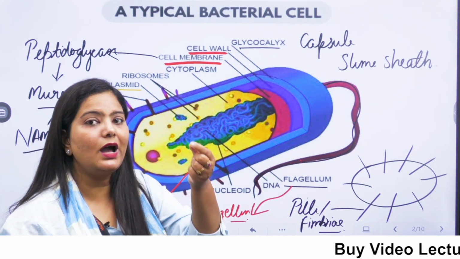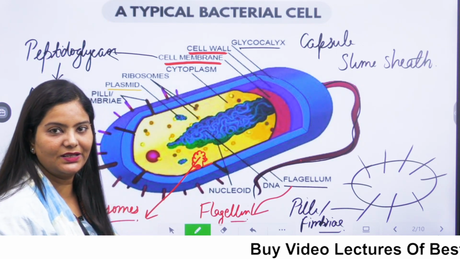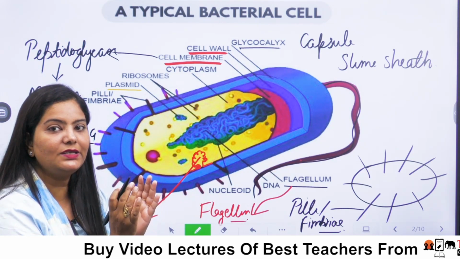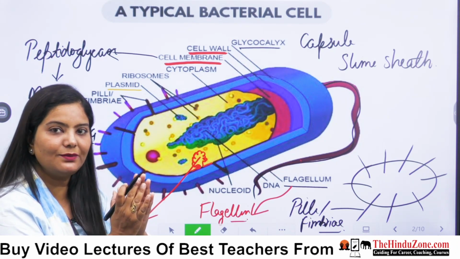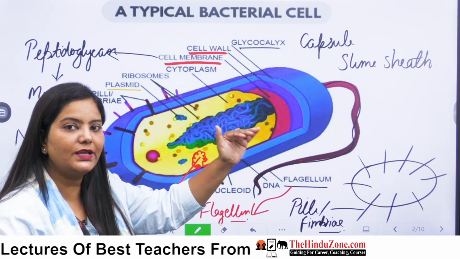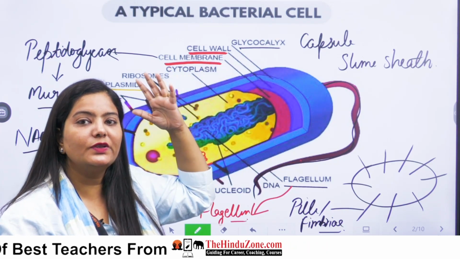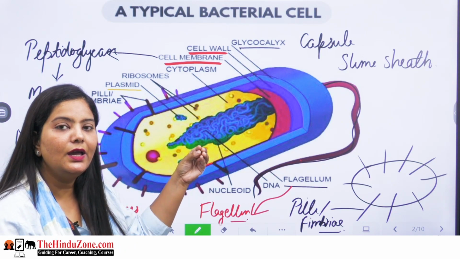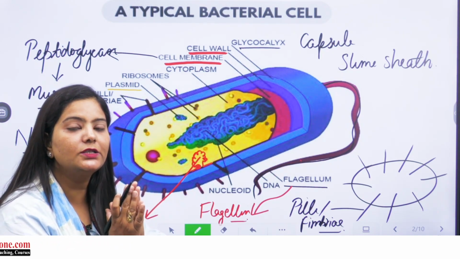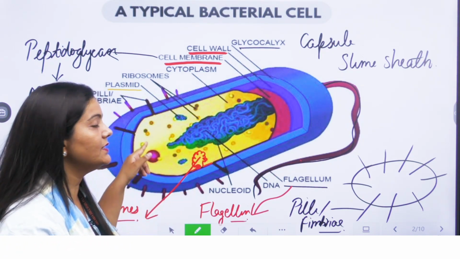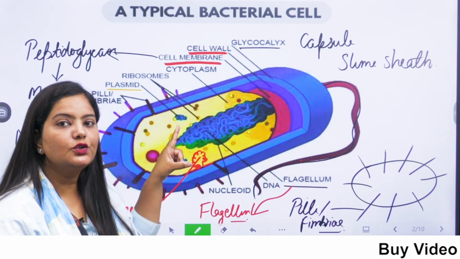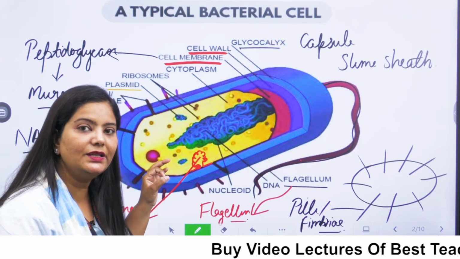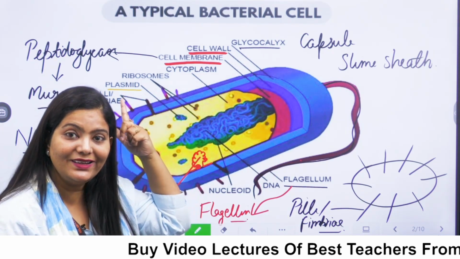Now, if you are asked how many chromosomes a bacterial cell has: whenever a chromosome assembly takes place, it takes place from the DNA. In the eukaryotic cell, that chromosome binds with histone proteins. Here the DNA makes a binding with non-histone proteins. And since here it is just a single piece of DNA, there is going to be a single chromosome here. So this means that bacterial cells are haploid in nature.